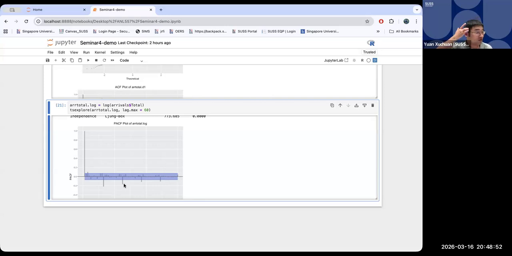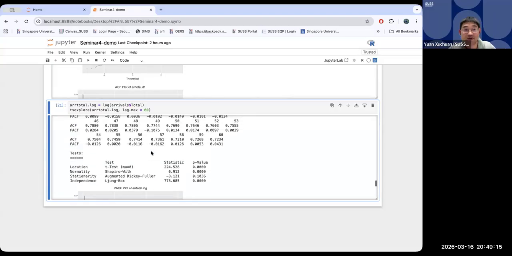So we can perform the test. We explored the first order difference and the log series, and clearly the two methods, the first order difference and the log transformation, cannot ensure the transformed series are stationary, right?